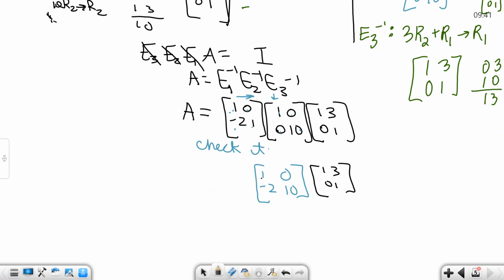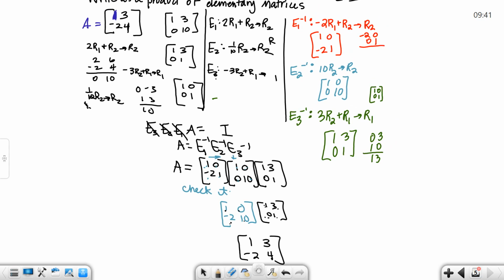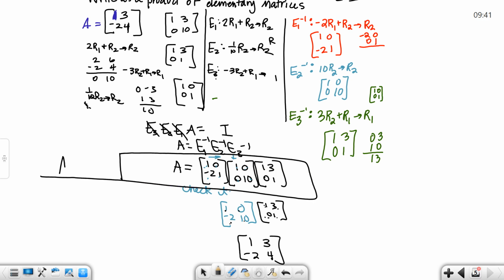So if I multiply these, I get 1, 0, 3, 0, negative 2, 0, and negative 6 plus 10 would be 4. And that's what I started with. So that lets me know that I worked it correctly because I got what I was looking for at the end. And I know it's a lot of work there, but this is my answer.